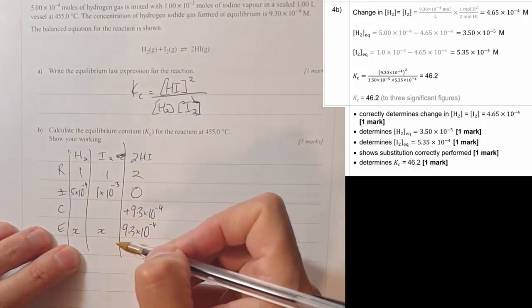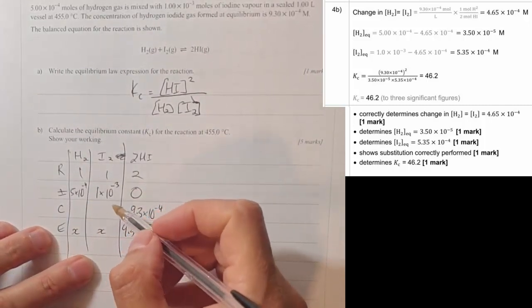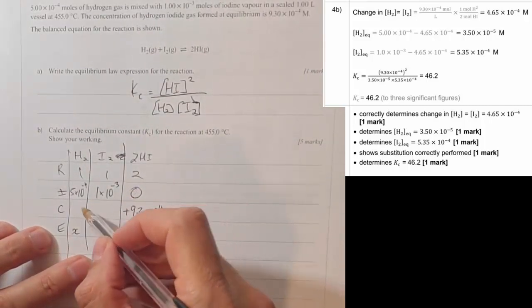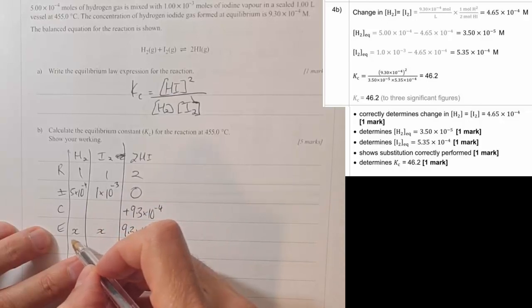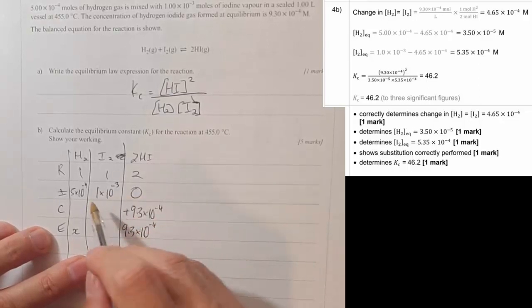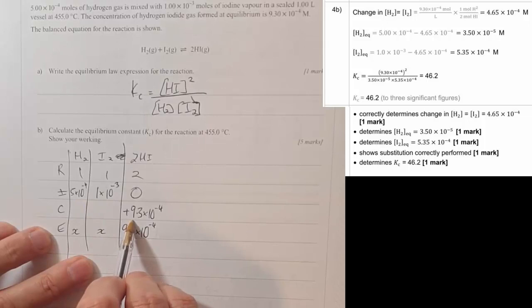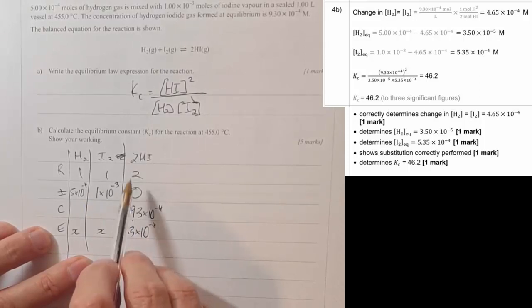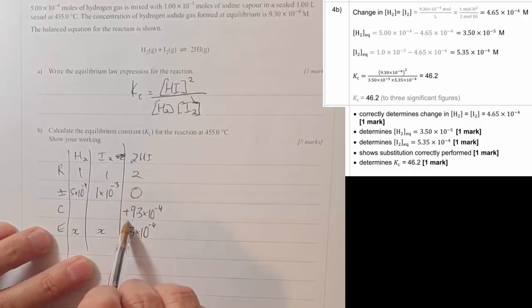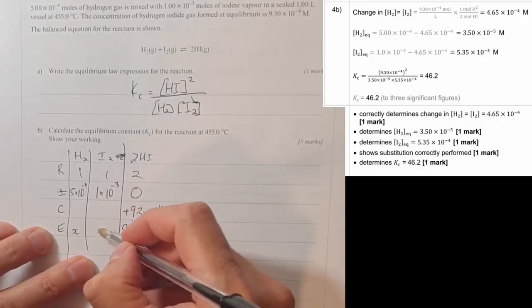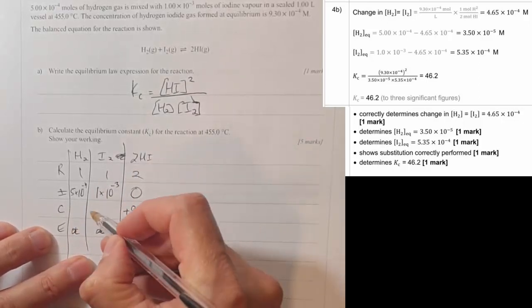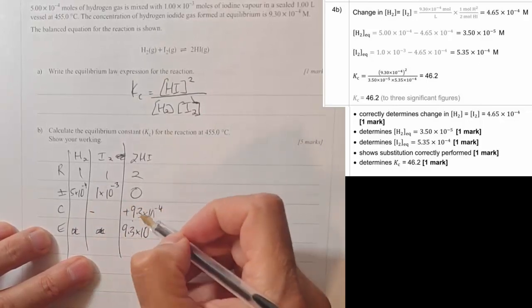And the change is going to be this one here, if it's gone to 9.3, that means this one, by the stoichiometry of the reaction, it's half of this. So it's not X at all. We can work this one out. So it's minus half of that.